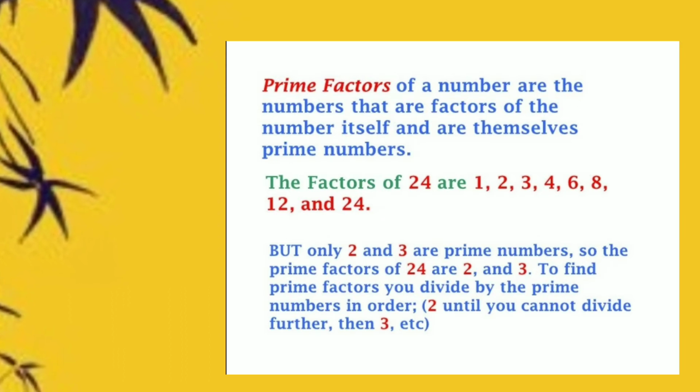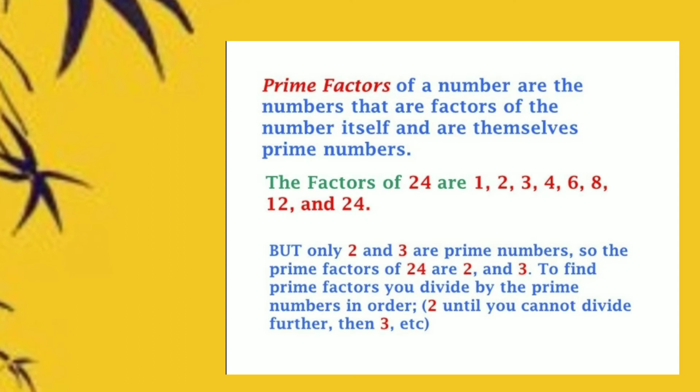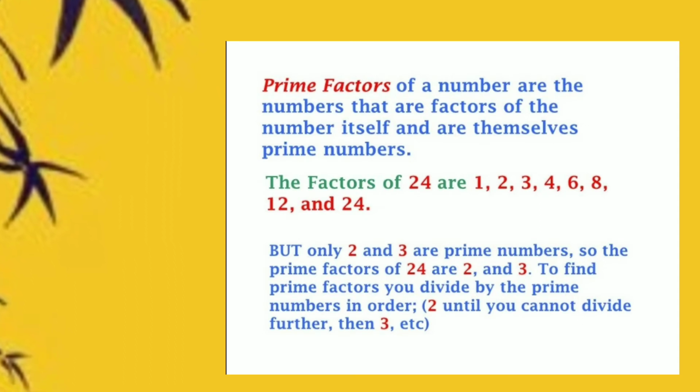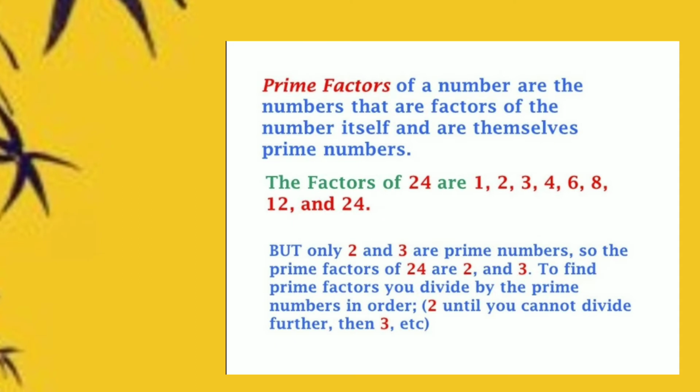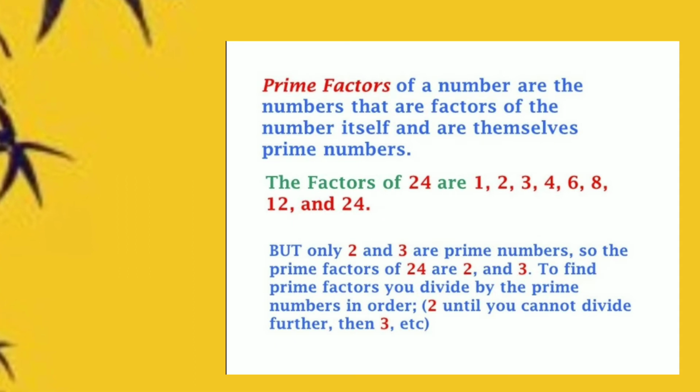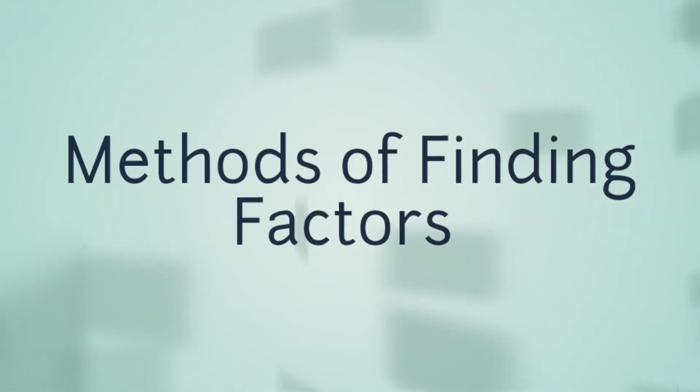But only 2 and 3 are prime numbers, so the prime factors of 24 are 2 and 3. To find the prime factors, you divide by the prime numbers in order, 2, then 3, etc., until you cannot divide further. See methods for finding factors in the next slide.